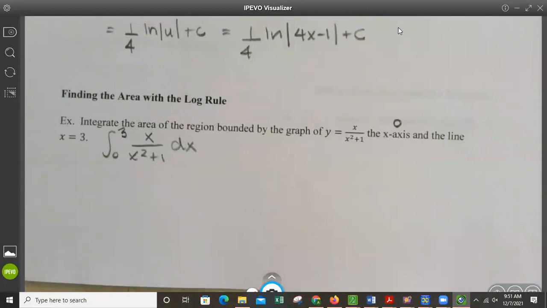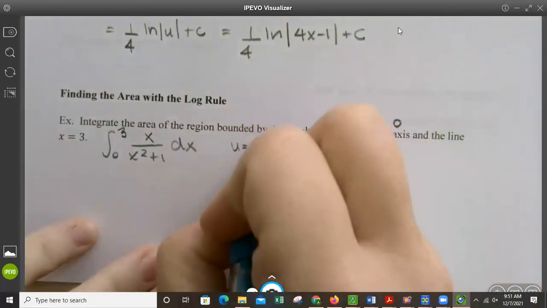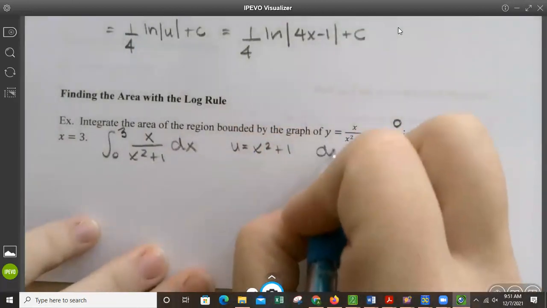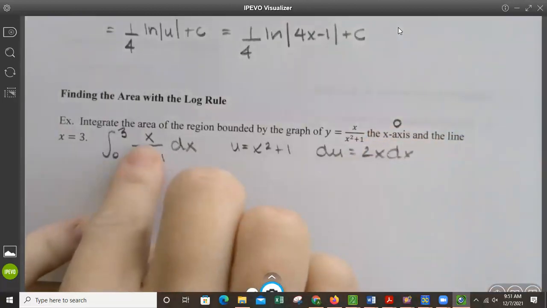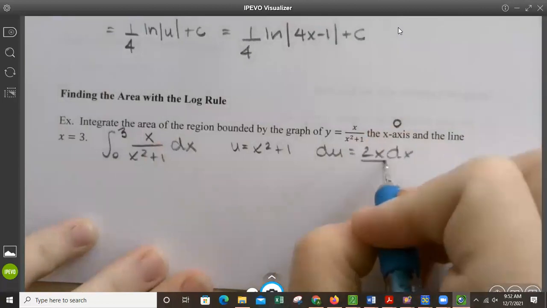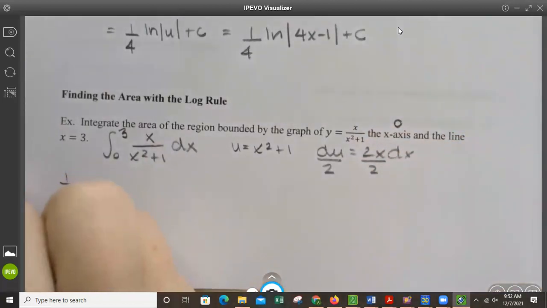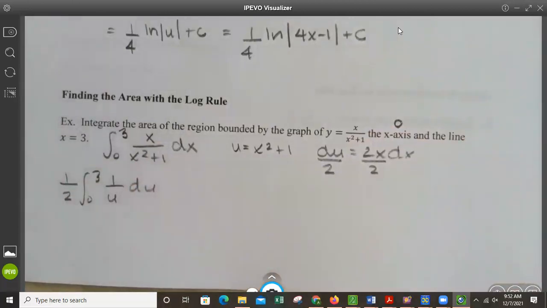What do we do? Same thing we've been doing. Find u. What is u? So then, but I just want x dx. So what do I have to do? So we're doing 1/2 of the integration from 0 to 3 of 1 over u du.